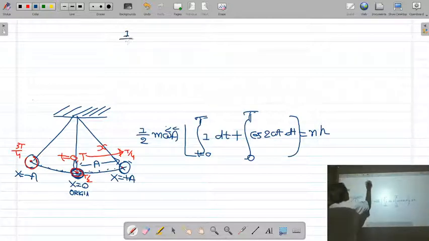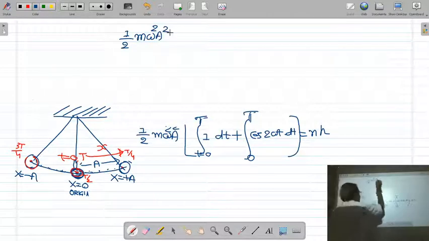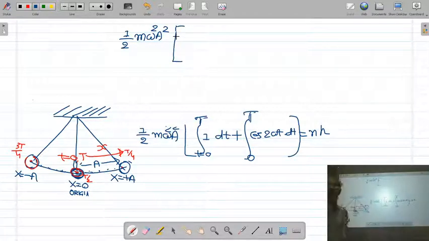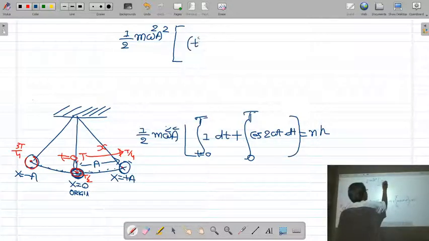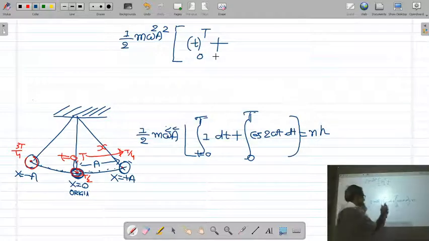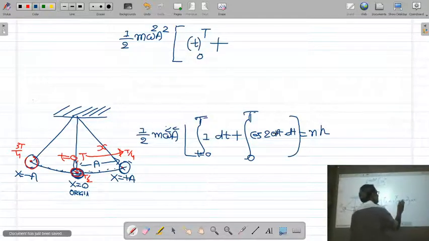One by 2 n omega square a square integration of, this is a very simple integral. Integral dt is t from 0 to T. So the first integral is very simple. The second integral is integral cos 2 omega t.